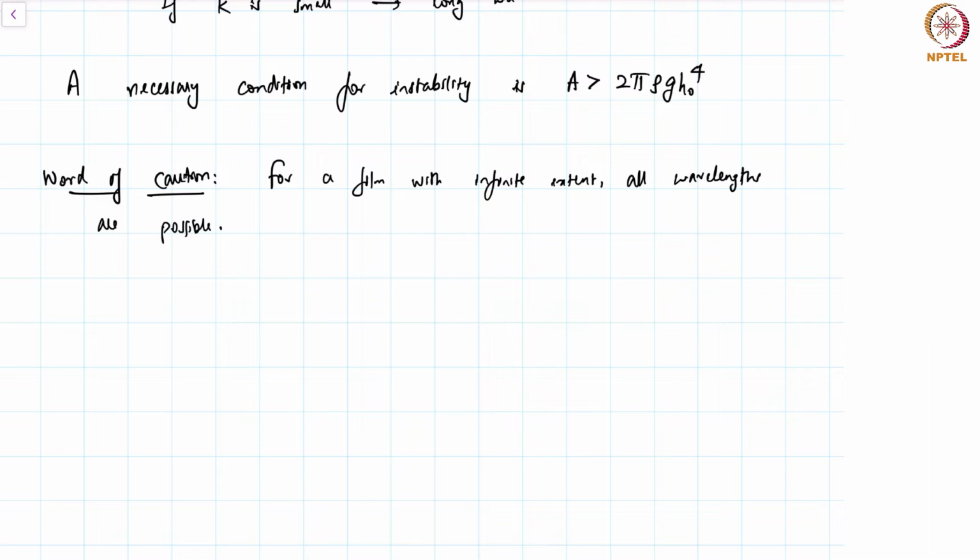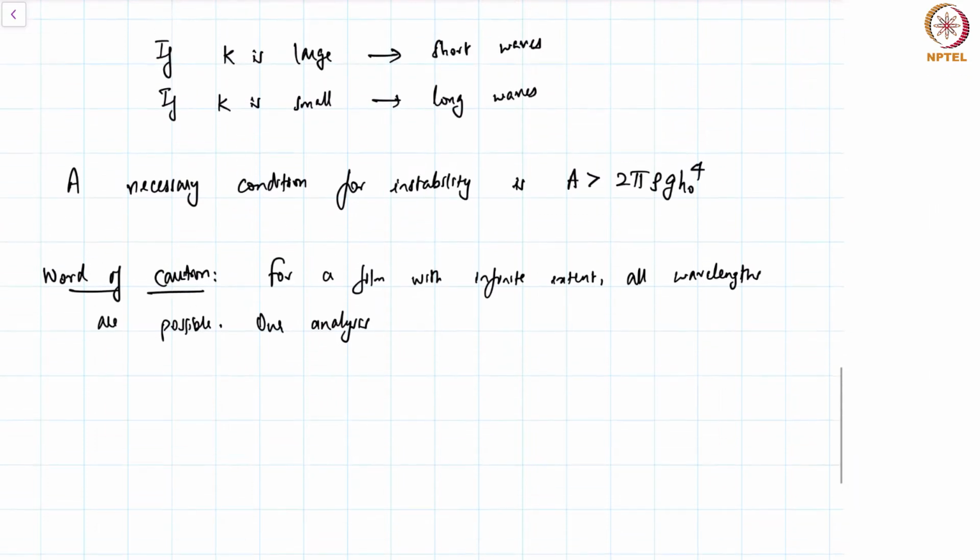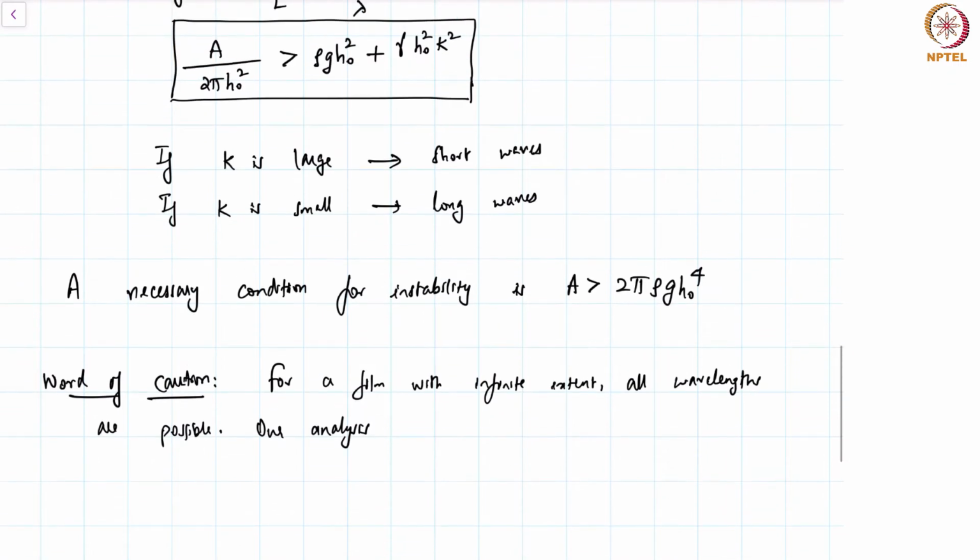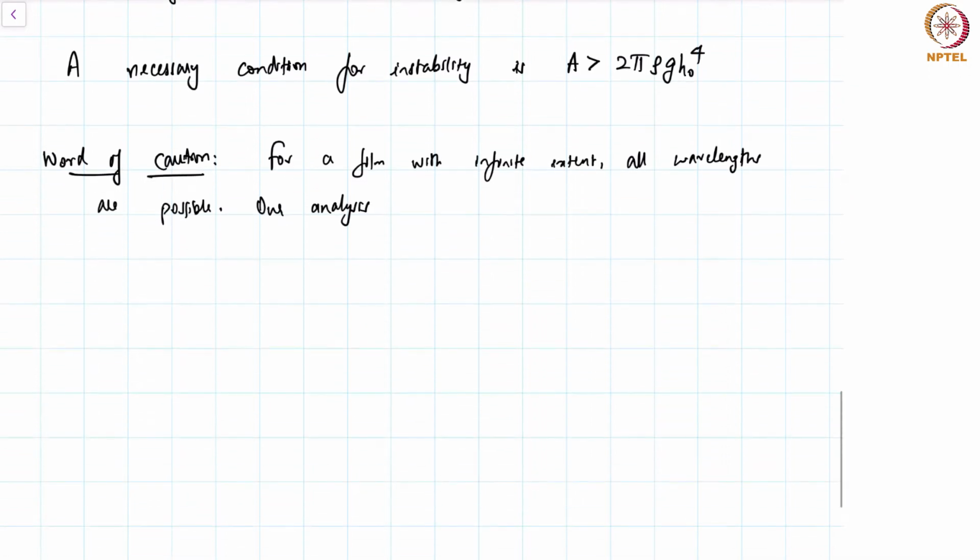All wavelengths are possible, and this analysis predicts, what does it predict? The analysis will predict that there is certainly a very large wavelength wave where k becomes very small, which will always become unstable as long as this condition is met. What condition is met? That A is larger than 2 pi rho g h0 square. Our analysis predicts that the thin film is always unstable.